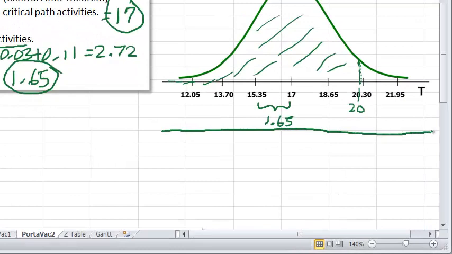Z, remember, is just the number of standard deviations away from the mean. So here is a z-scale, in the middle is a 0, here is 1 standard deviation above the mean, z is 2, here is 3, and if you go below the mean, the z-scores are negative. Negative 1, negative 2, and negative 3.